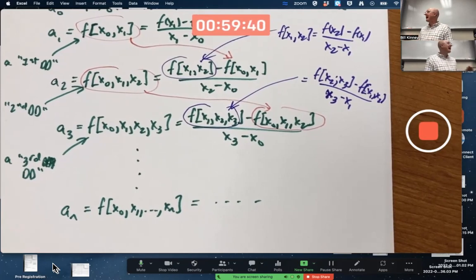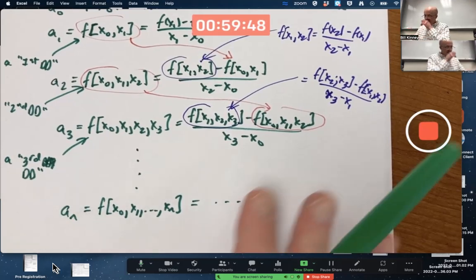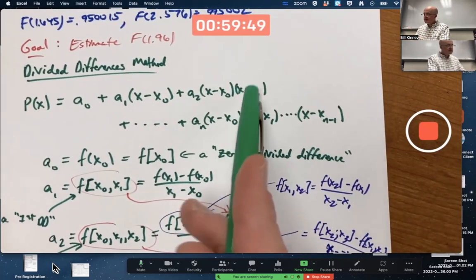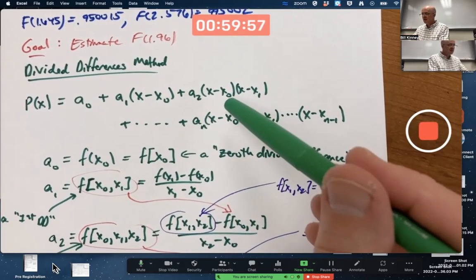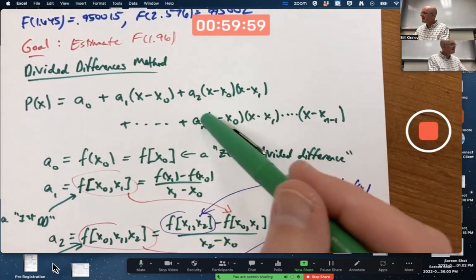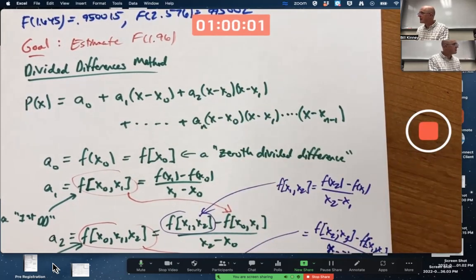And it does turn out that AN is going to be the coefficient of x to the n. These other a's, if you expand out this polynomial, are not necessarily the coefficients of the lower powers of x, because the lower powers of x come up after a bunch of multiplications.